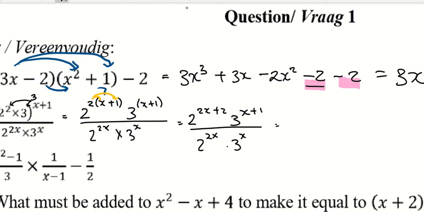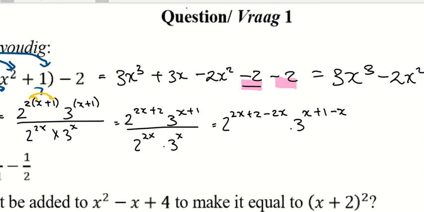This is a little introduction to the next topic, namely exponents. So that means 2 to the power of 2x plus 2 minus 2x. So that 2x is not going to be underneath anymore. And then I'm going to say times 3 to the power of x plus 1, plus or minus? Minus. So we subtract that x. Now we simplify. The same as I did with our normal simplification, I'm going to apply my rules there.